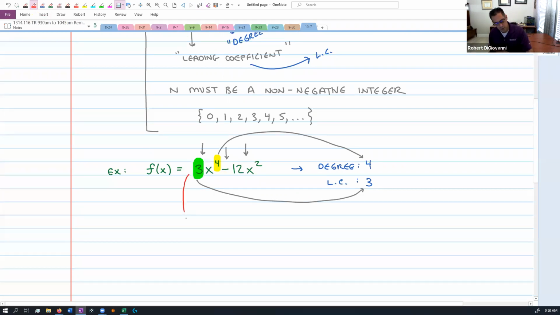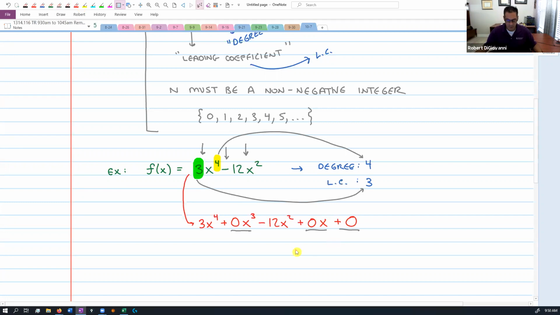You don't need to do this, but you could rewrite this as 3x to the 4th plus no x cubes minus 12x squared plus no x's plus nothing at the end. Do you see how everything I'm going to underline here in gray is actually not there? They're all gone because they're zeros.